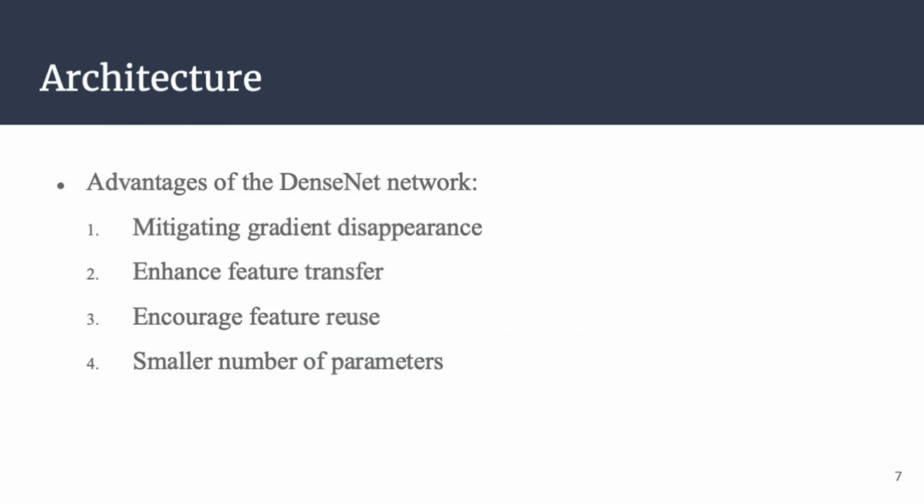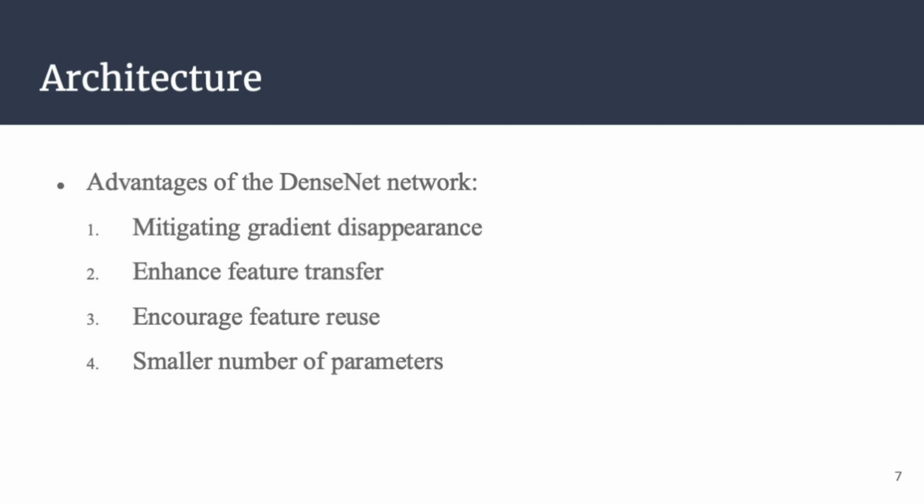DenseNet offers several advantages, including: 1. Mitigating the issue of gradient disappearance. 2. Enhancing feature transfer throughout the network. 3. Encouraging feature reuse, leading to more efficient parameter utilization. 4.